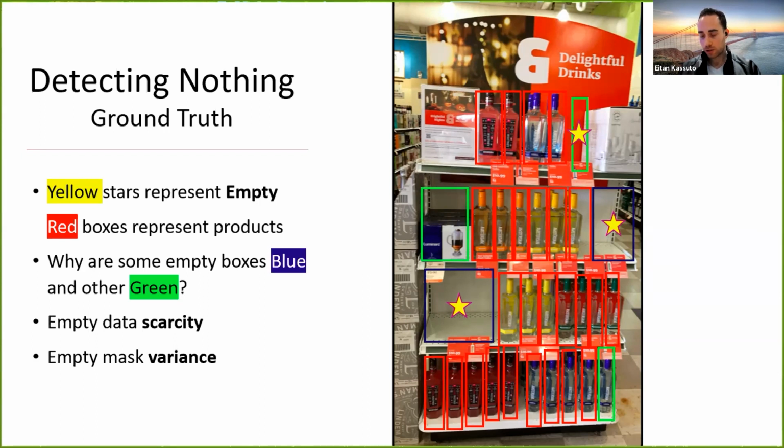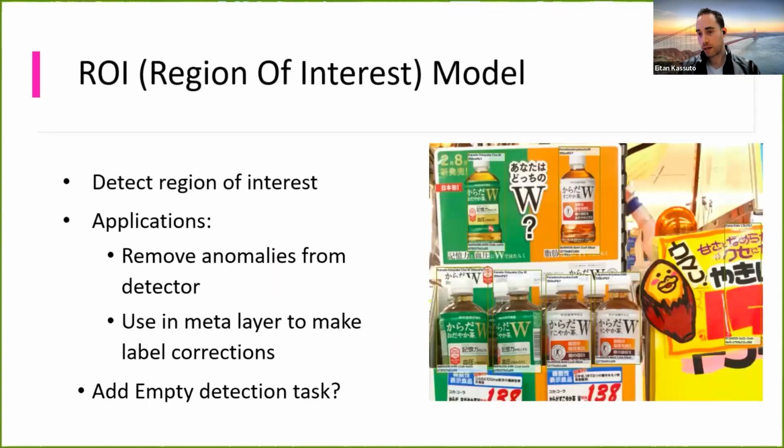So how did we solve this issue? Well, our first idea was, if the object detector for empty places these bounding boxes on the ceiling or the floor, we can use an in-house model to clean it up. Now, this in-house model is a segmentation model. It's called ROI, region of interest.